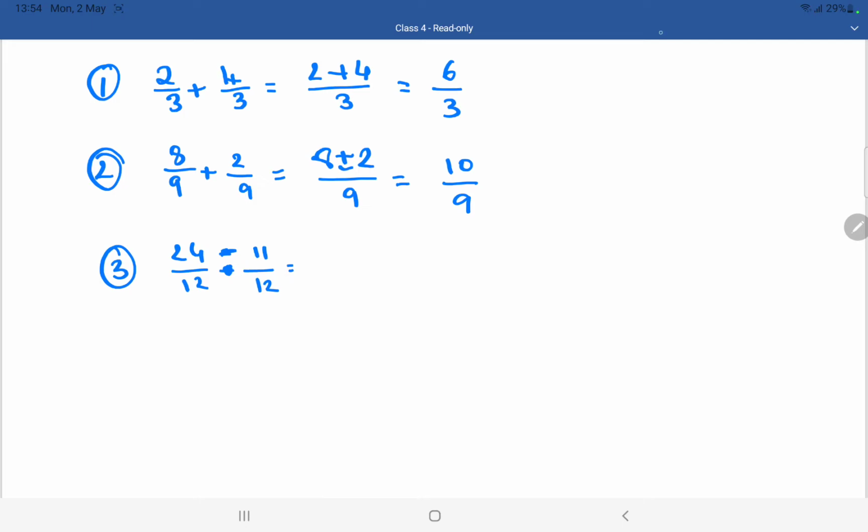Here we add when it is addition. When it is subtraction, you should subtract, divided by 12. So what is 24 minus 11? It is 13. 13 by 12 is the answer. This is how you will add and subtract like fractions. Now let us learn how to add and subtract unlike fractions.